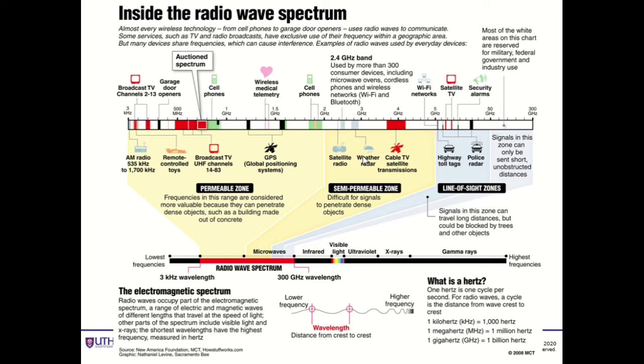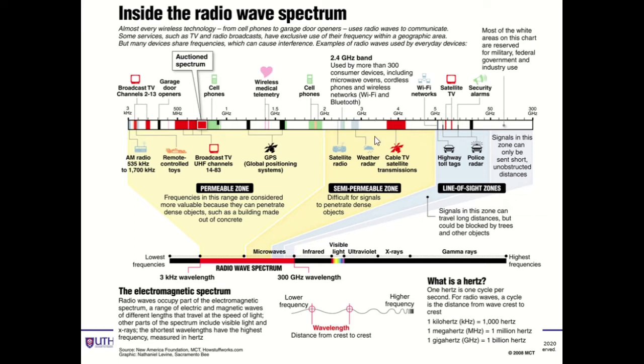And then we have the semi-permeable zone, where it is basically difficult for the signal to penetrate dense objects. If you have a building, at this frequency the signal will be absorbed and it will create loss. So this frequency, from 2 gigahertz until 5 gigahertz, is usually used for short range communication, for example at 2.4 gigahertz, Wi-Fi communication.